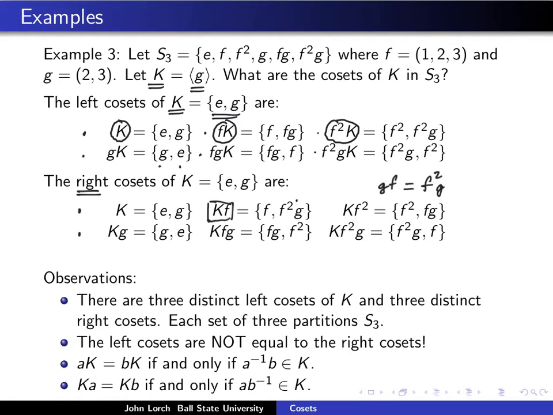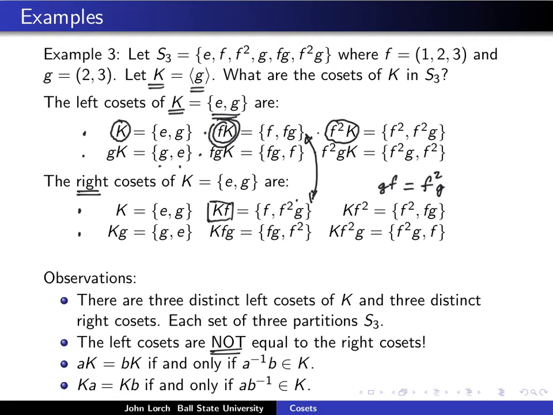But now you compare it with the left coset FK, and you might notice that those two sets are not the same set. So the left cosets are not equal to the right cosets in this instance.